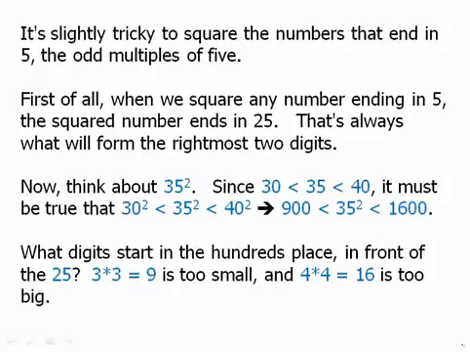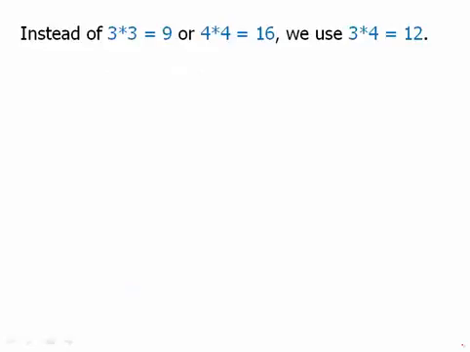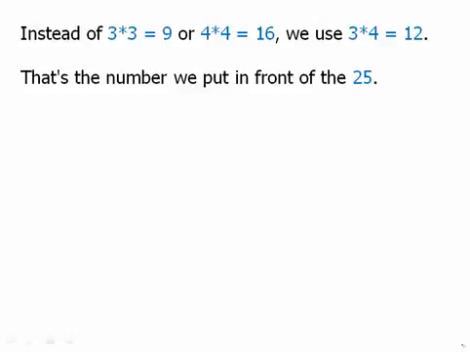Well, 3 times 3 is 9, that's too small. 4 times 4 is 16, that's too big. Instead of 3 times 3 or 4 times 4, we're going to use 3 times 4, which of course is going to have to be between 3 times 3 and 4 times 4. That's the number we put in front of 25. So what we get is 35 squared is 1225, and that's the answer.